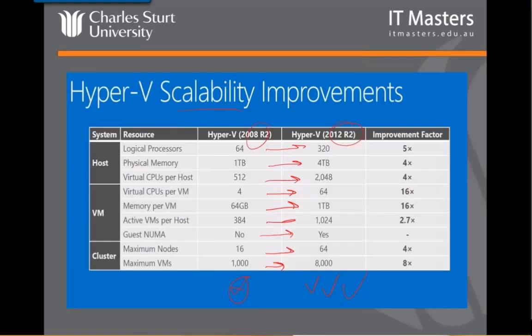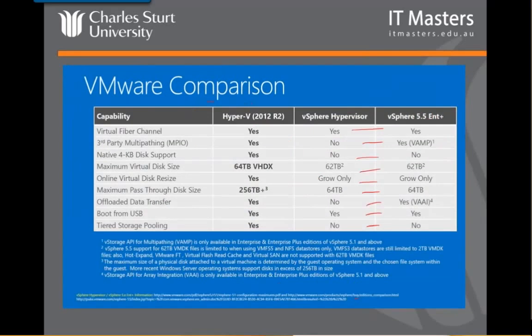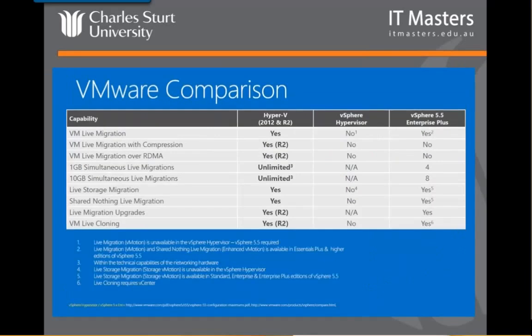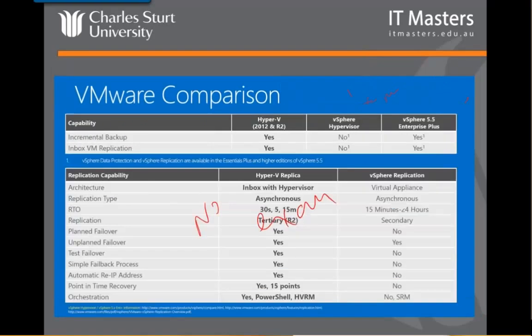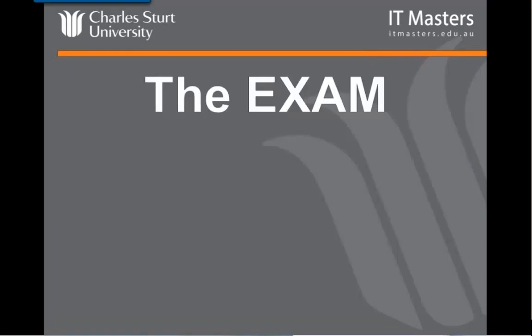Just a bit earlier, there was a slide comparing Microsoft and VMware, and Ujith has asked, what about VirtualBox? VirtualBox is not an enterprise solution. We can compare VirtualBox with Hyper-V client or VMware Workstation.